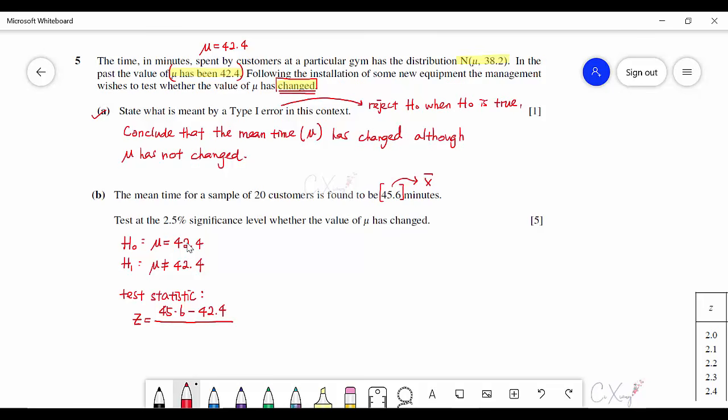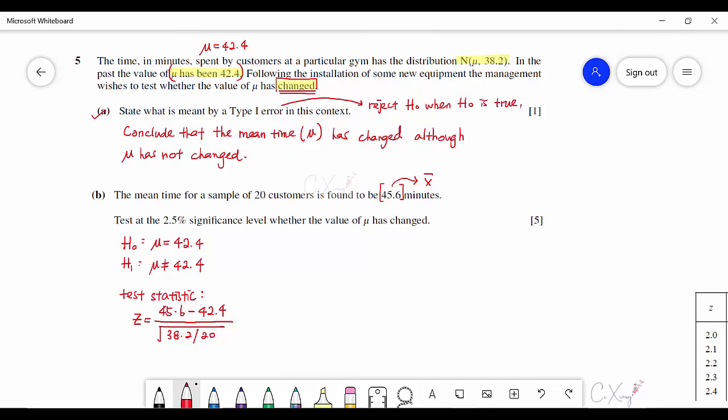The standard deviation that we got just now is 38.2. So we want the standard error, which is square root of 38.2 over square root n, and n will be 20. This is how we calculate the test statistics.